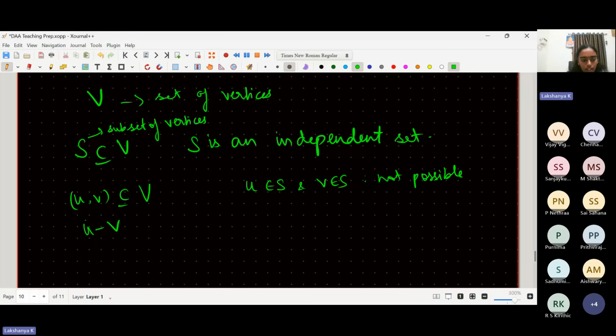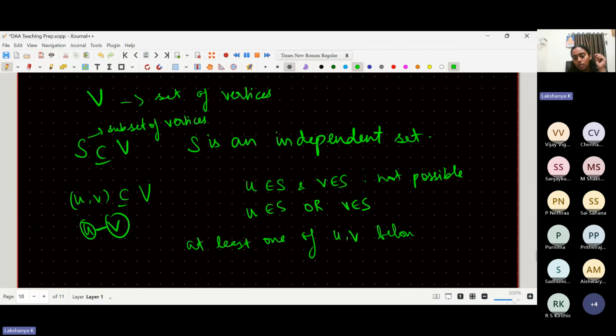Then u can belong to S or v can belong to S, but not both, because if both belong to S, then S would not be an independent set. The whole idea of an independent set is that no two vertices in it are connected. So at least one of u, v belongs to V minus S.